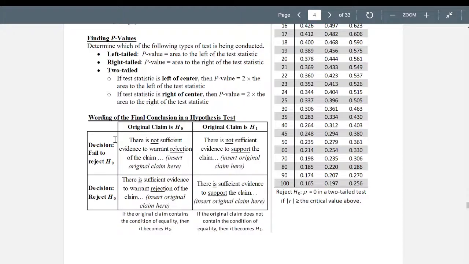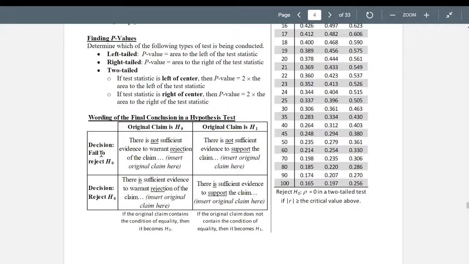So you see over here, where is the claim? Look at the top. We said the claim was in HA or H1. The claim that the program improved customer service ratings was in our alternate hypothesis. And then what did we decide, based on our critical values?